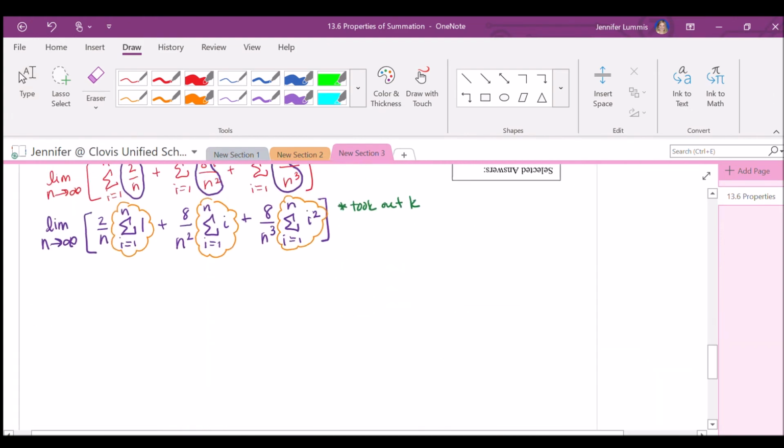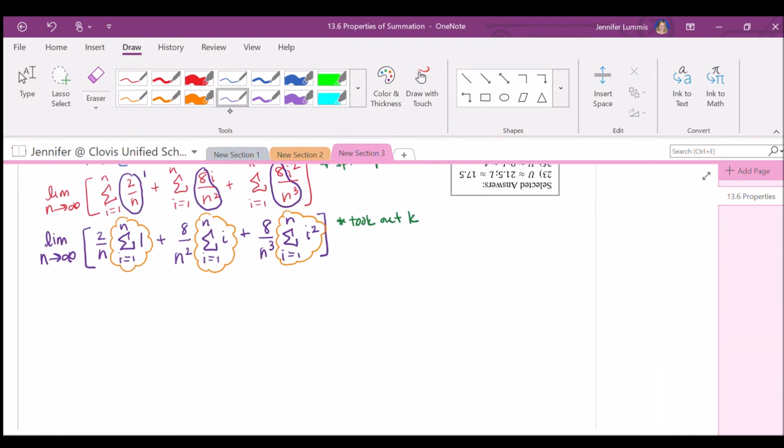Okay, so let's start in on those. First we have the limit as n approaches infinity of 2 over n times, and here we go, the sum from 1 to n of a constant is the constant 1 times n. 1 times n is just n.